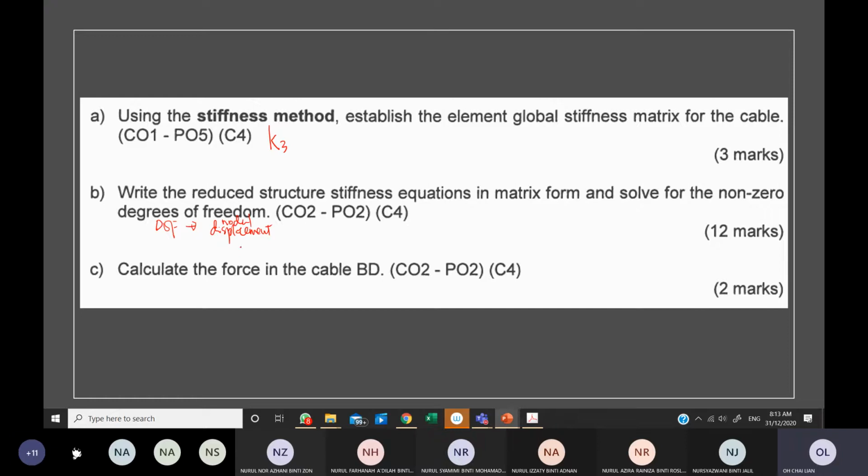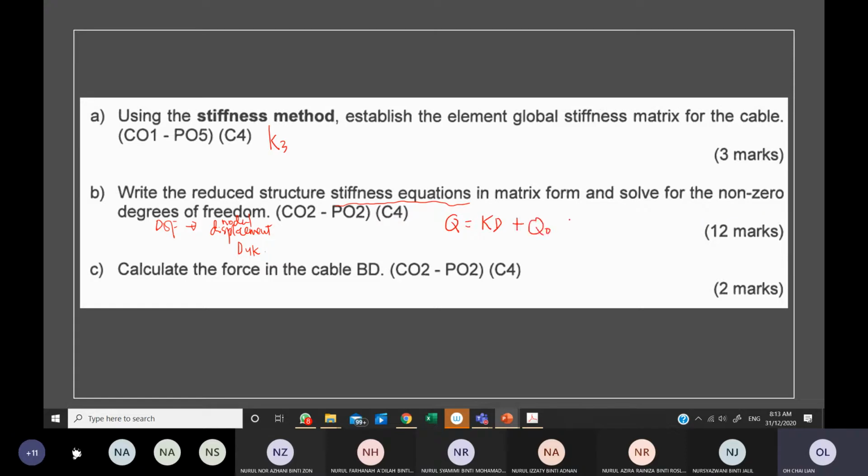Non-zero means unknown. I will put DUK, so we want to determine the DUK. So how? You need to write the stiffness equation. It will be Q equal to K D plus Q naught.